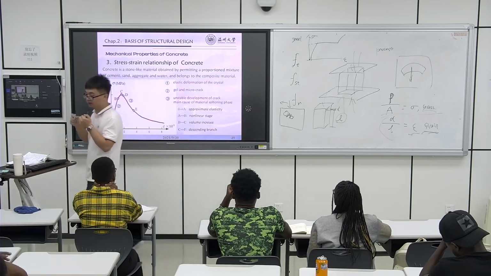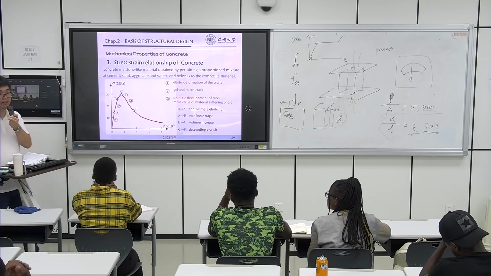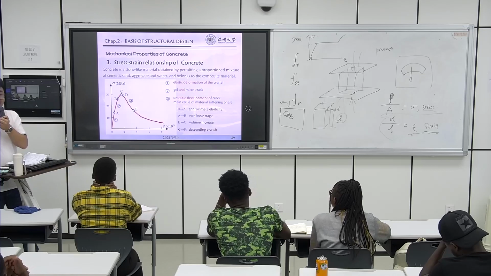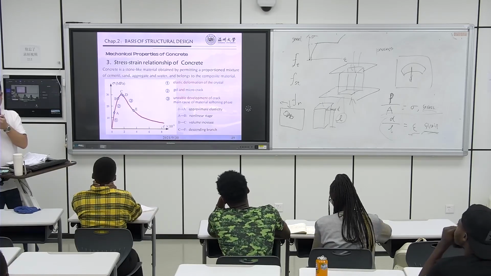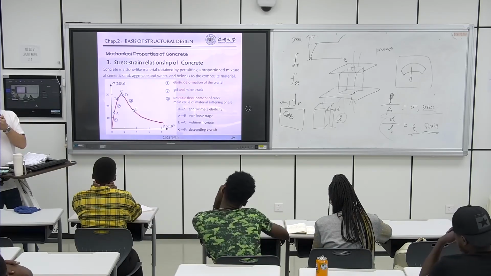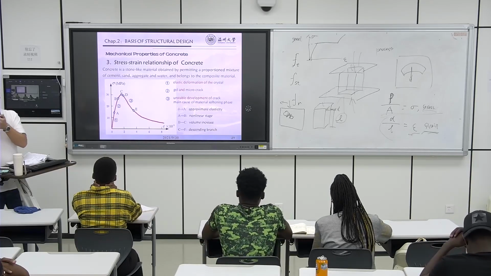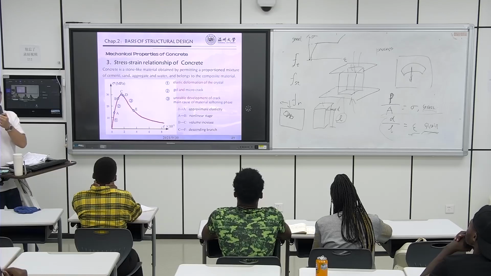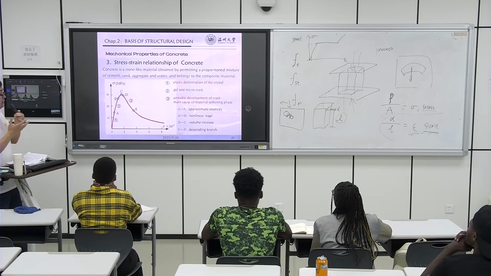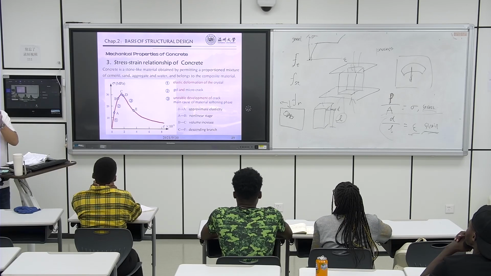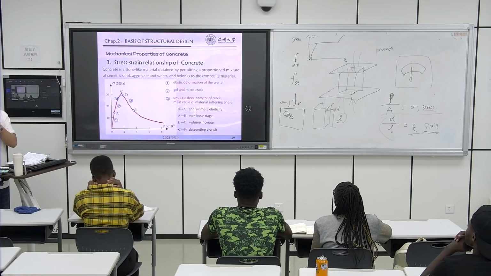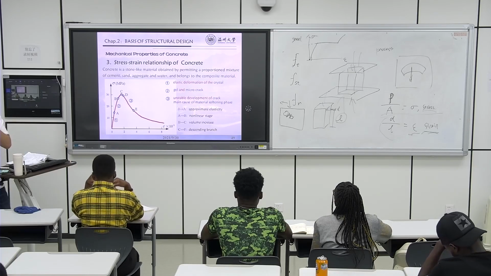Here it can be explained by the really minimal cracks already existing between the aggregate and the gel. When we apply the load, the crack will touch but not affect other things, and then we remove it, the crack goes back.